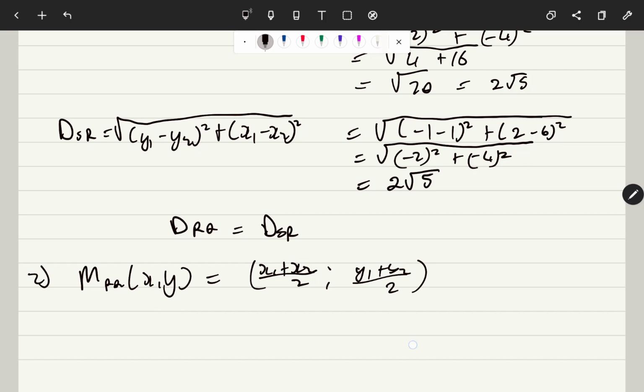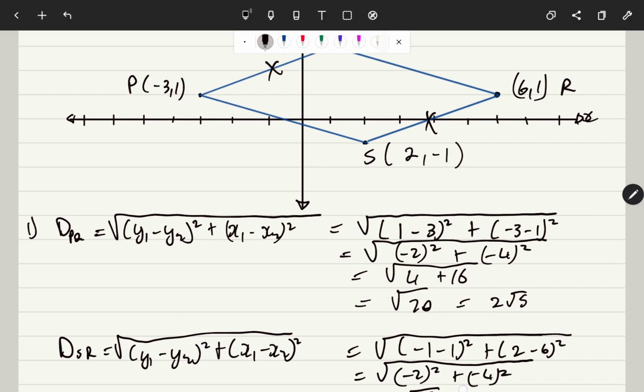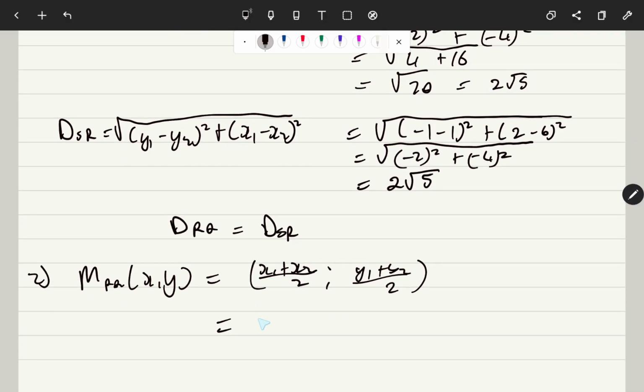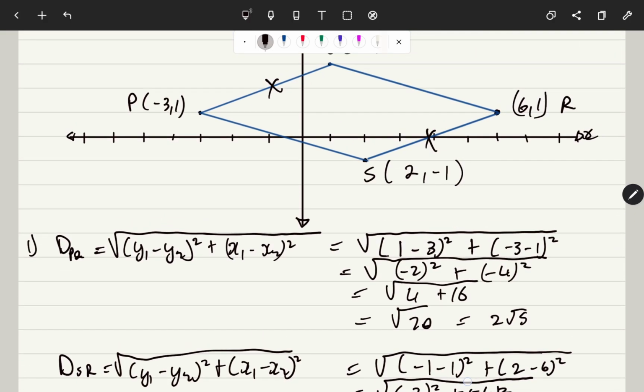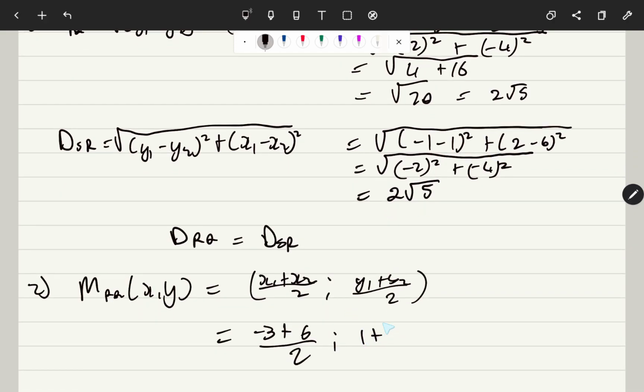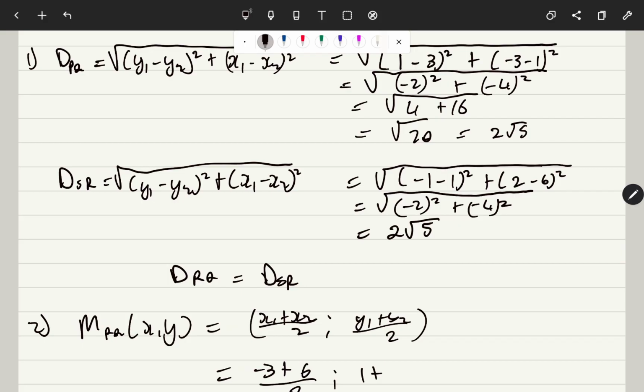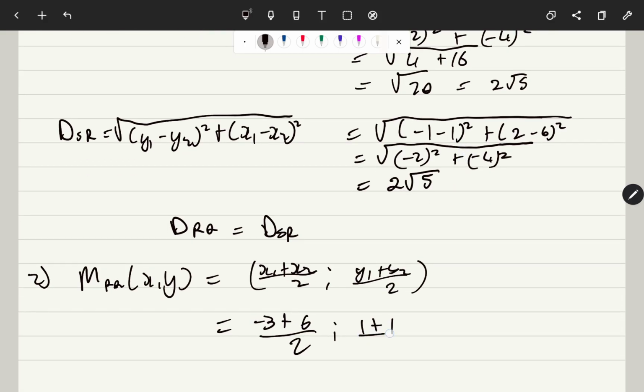This is the formula. So if I do the math, x1 for P is minus 3, so minus 3 plus x2, x2 is 6, then divided by 2, right? Y values, I have 1 plus 1, divided by 2, and the answer is going to be 3 over 2 and 2 over 2.